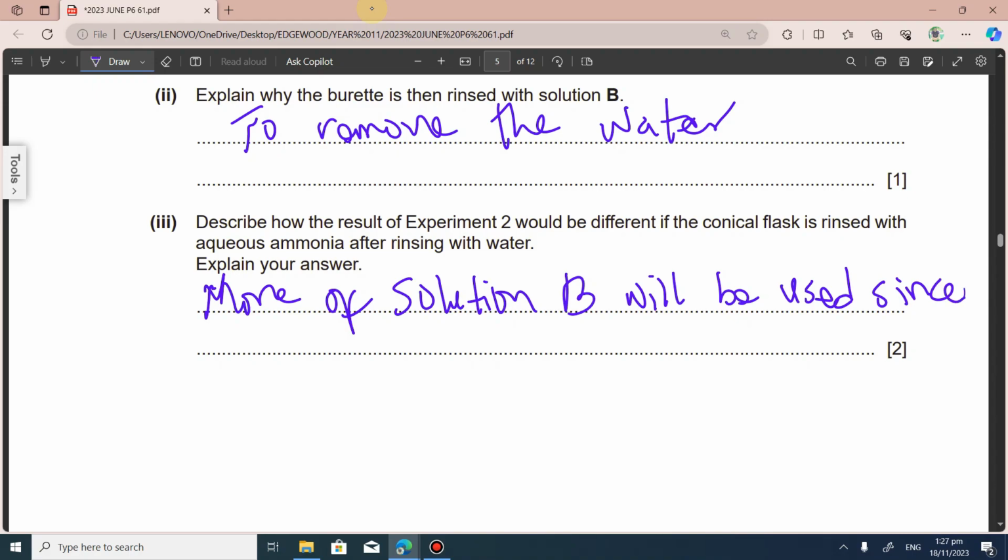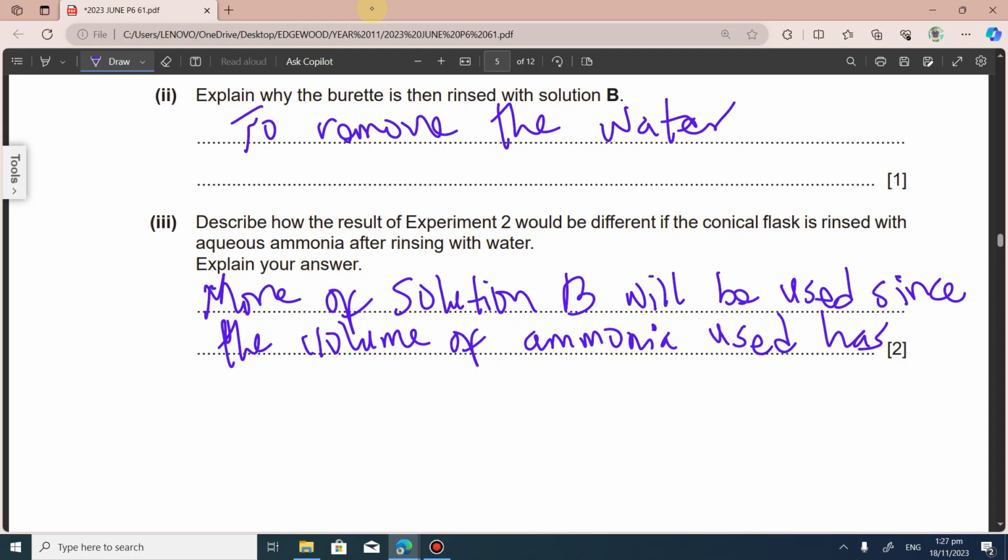Since more of solution B will be used, since the volume of ammonia used has been increased, we are going to require more volume of solution B, because you have increased it from 25 to something more than 25.